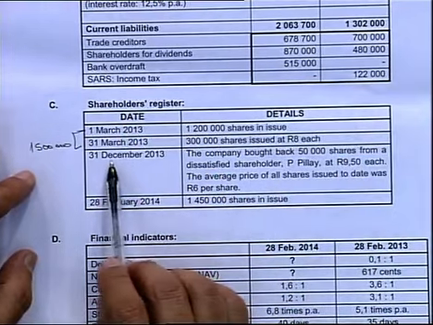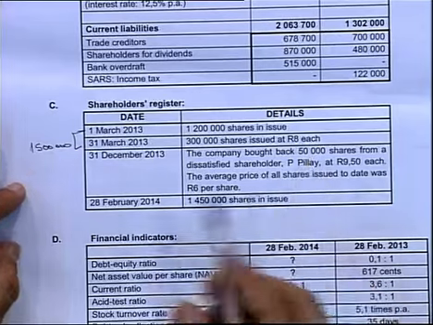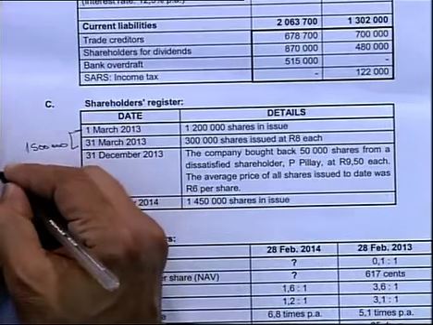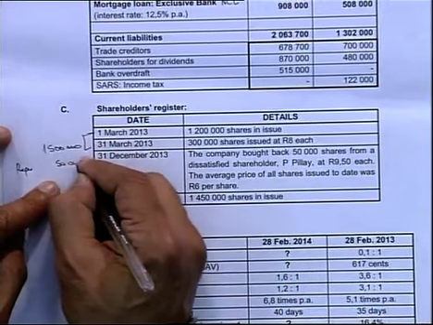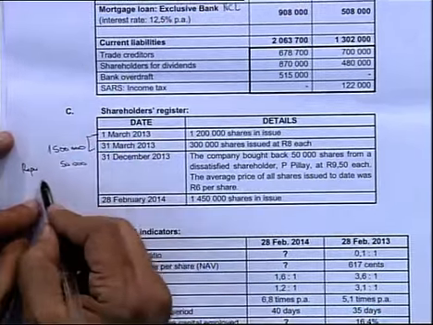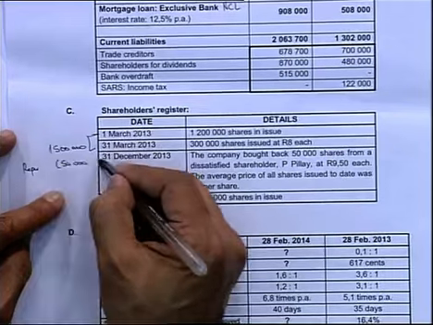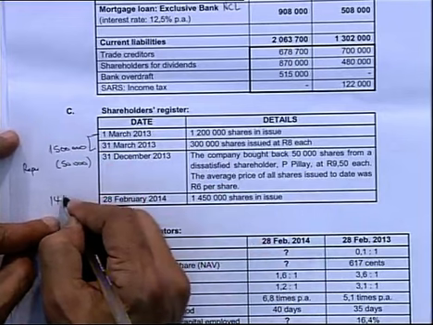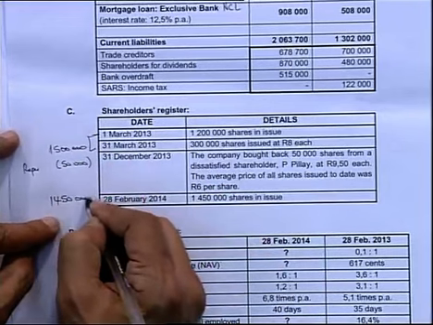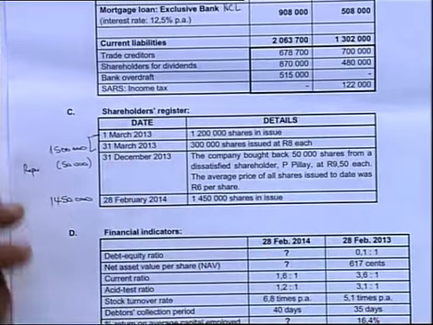And then on the 31st of December, we bought back 50,000. So we have to repurchase 50,000. But remember, if we're buying back or repurchasing, we're decreasing the number of shares in circulation. That's why we have 1,450,000 at the end of the year.